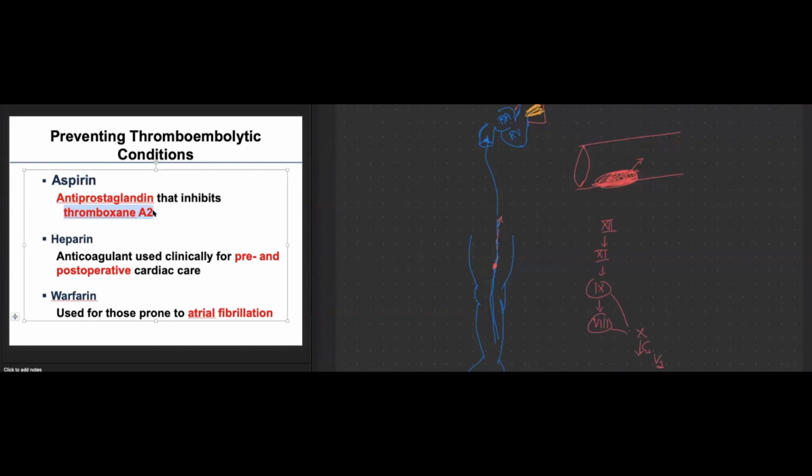And remember, activated 10 activates factor 5. Activated 10 is what we call the prothrombin activator that activates the prothrombin into thrombin.